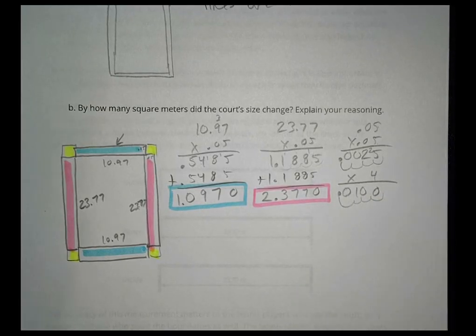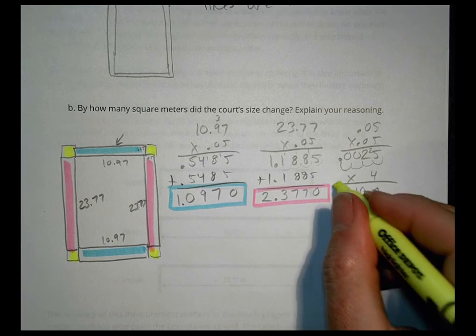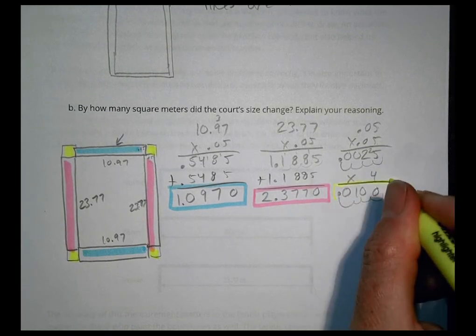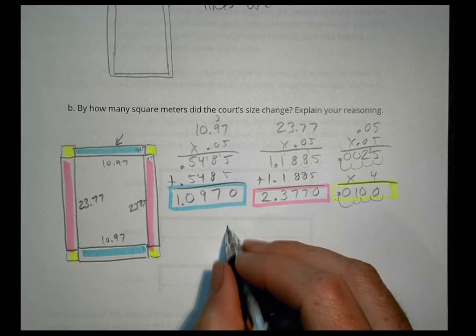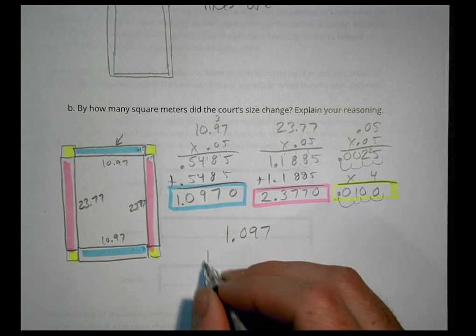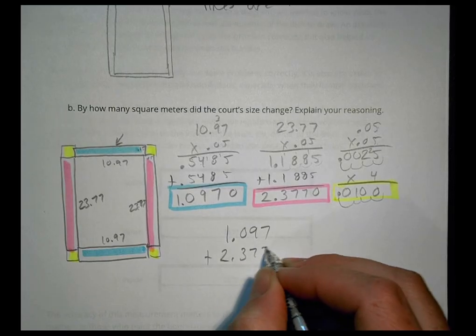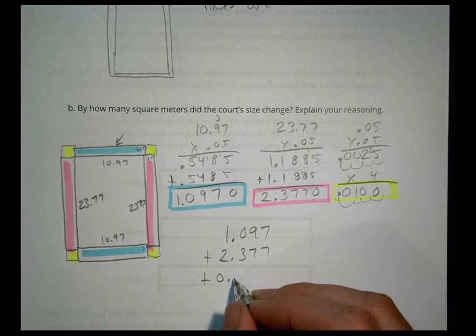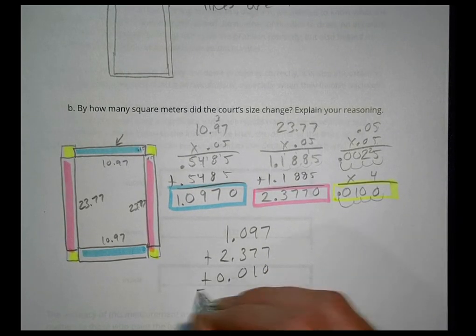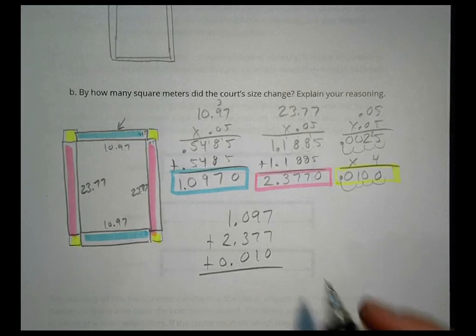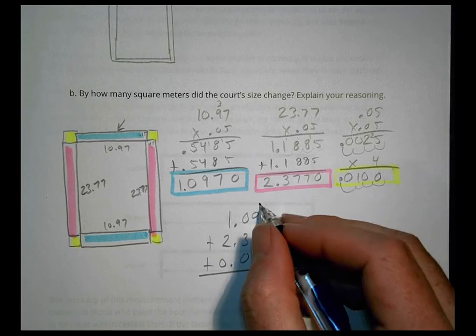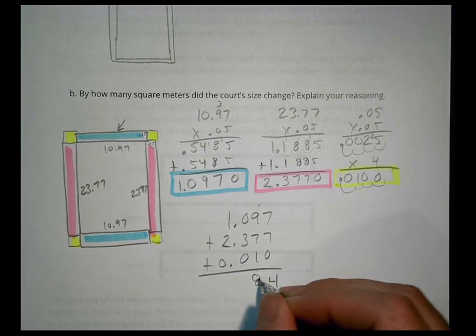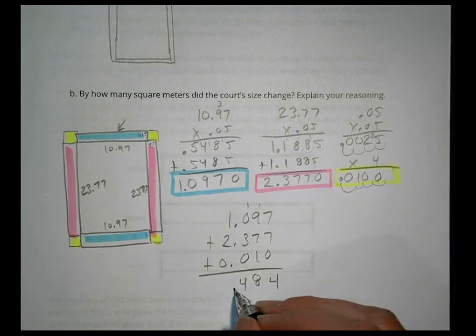So our squares have a combined grand total of 0.01, which means that in total, the extra space is 1.097 plus 2.377 plus 0.010, like so, which means we have a total of 14, carry the 1, 16, 17, 18, carry the 1, 4, decimal, 3.